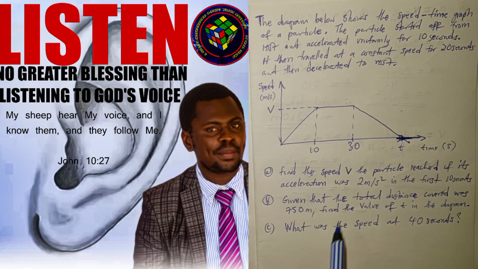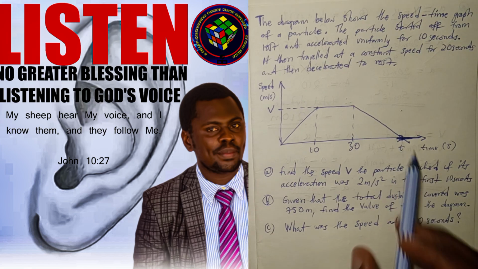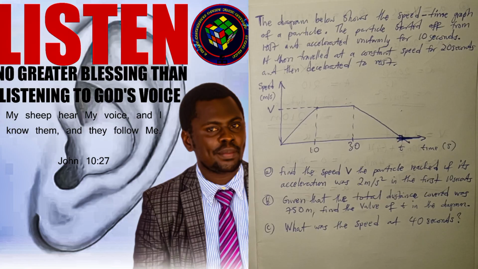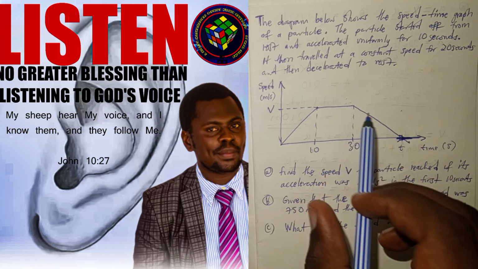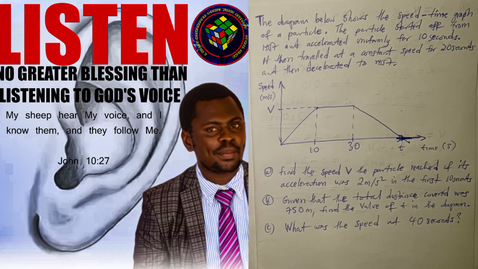So B, given that the total distance covered was 750 meters, find the value of t in the diagram. So here we are given total distance traveled, and we are looking for t. Okay, so distance traveled is just the area of the covered shape, or you just find the area under the graph.